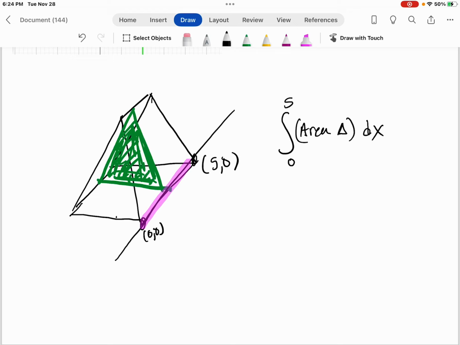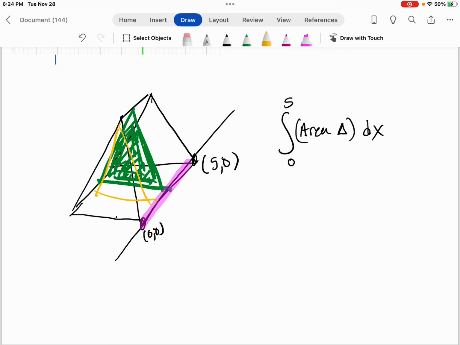Just like when we did Riemann sums and we were trying to find the area between a curve and the x-axis, we would make rectangles and add up the areas of the rectangles to approximate the area between the curve and the x-axis. The more rectangles we made, the more accurate the area was.